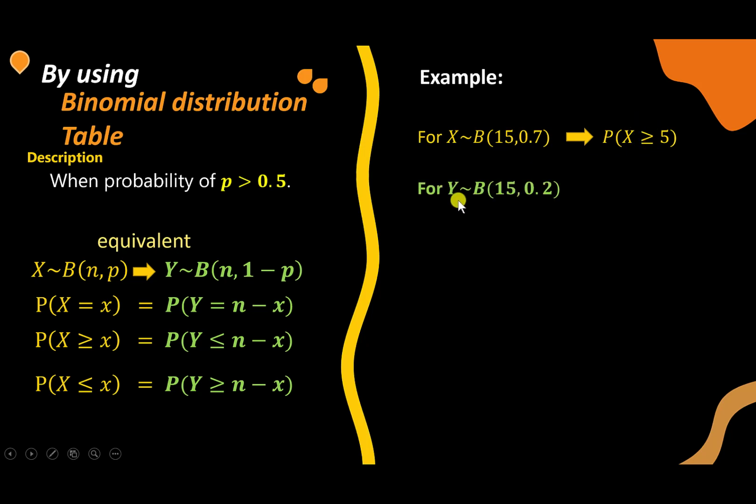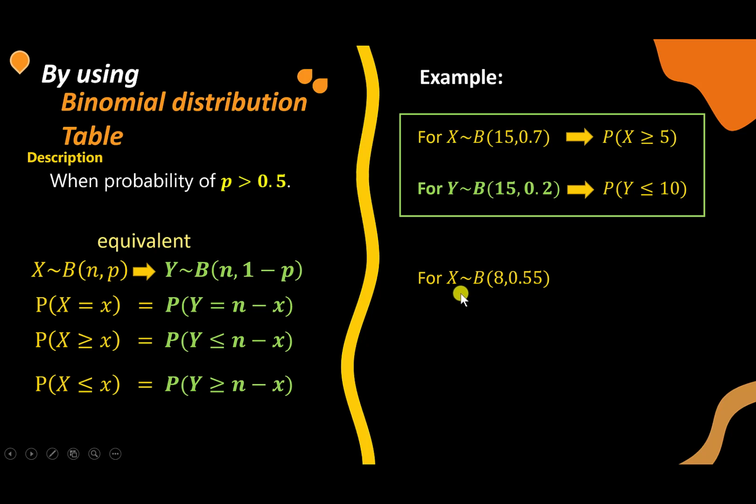So we change into the Y random variable with the same N, but the probability we change into Q. For the question, we get the probability Y, and the notation has been changed. It becomes less equal, and for this value we get 15 minus 5, which is 10.